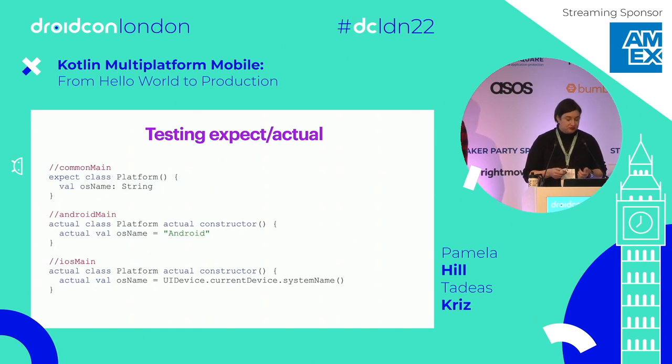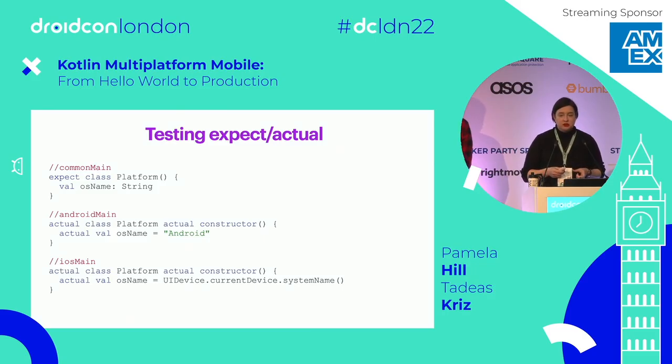In commonMain, I have an expect class called Platform, and this is very similar to what you get if you create a new Kotlin Multiplatform Mobile app. There's already a Platform class that's part of the default example code. That class also has an OS name as a property.